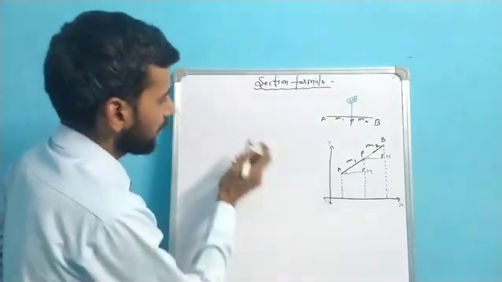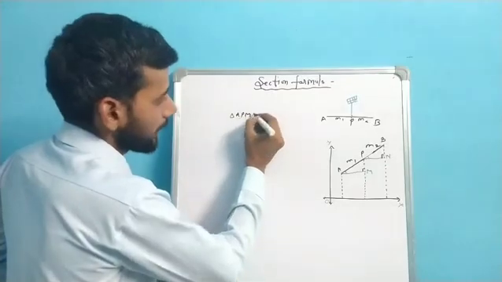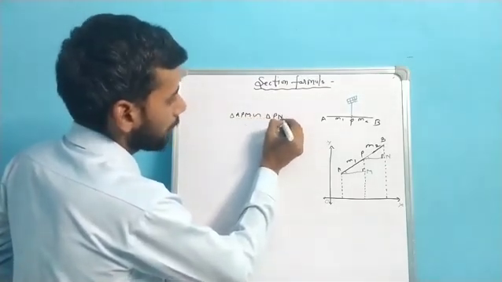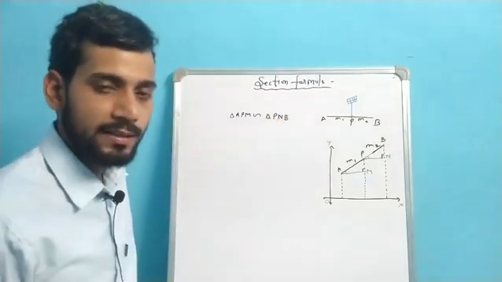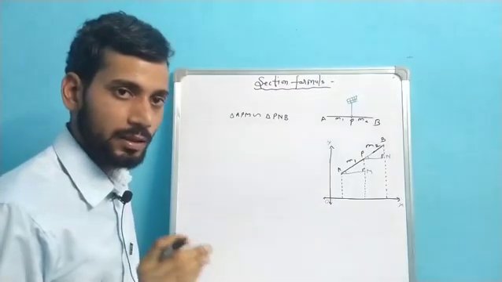That means triangle APM is similar to triangle PNB. If two triangles are similar, the ratio of the sides is always constant.